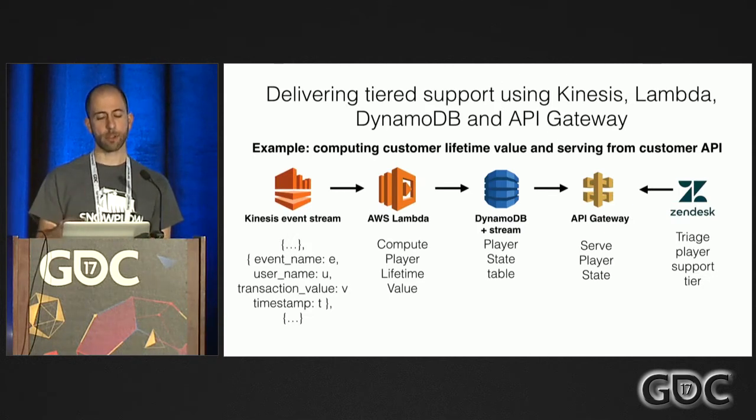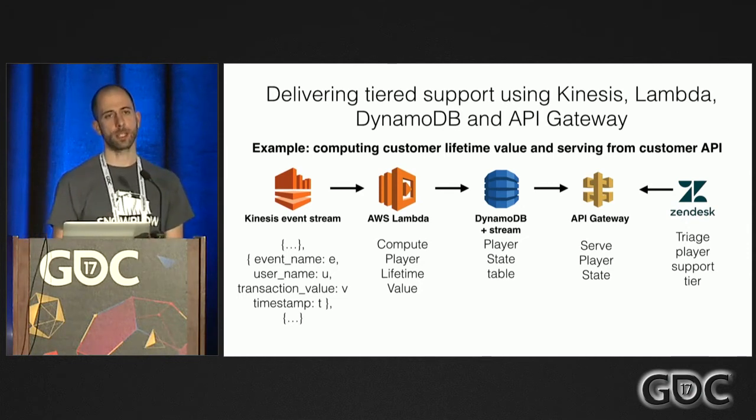And again, delivering that can be done using a very, very similar tool set to the one described before. So again, you've got your Kinesis event stream, but this time we're interested in a different subset of events. This time we're interested in those events that indicate how valuable a player, which will often be transactional events.